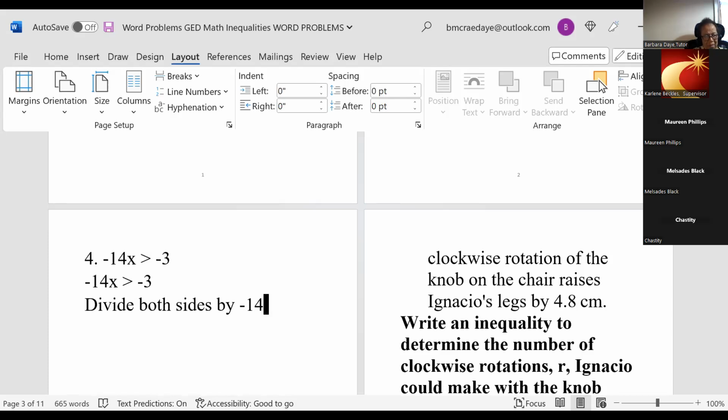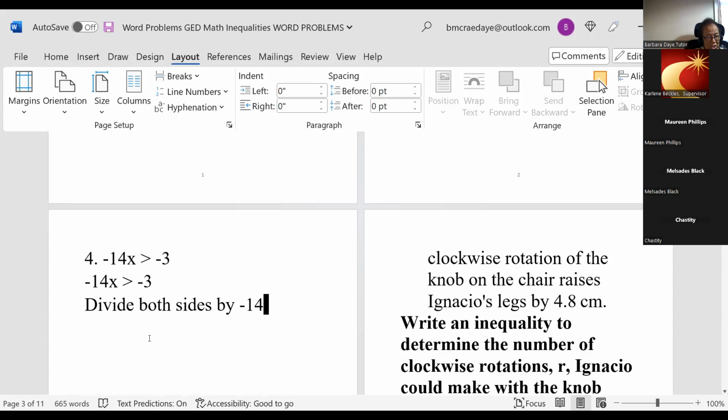I always think the bigger number goes by the smaller number. Oh boy. No, you have to look at your operations. You can't just make these subtraction or addition when they're multiplication. You can't just change these operations. You have to follow what's there. Minus 14x is minus 14 times the variable x.